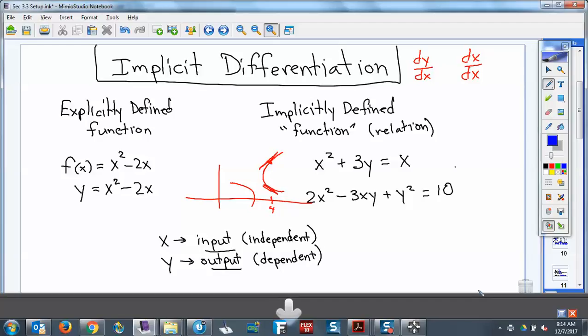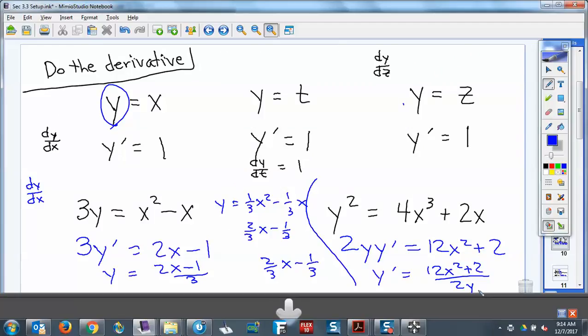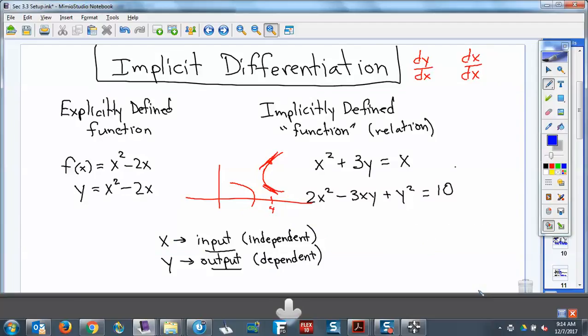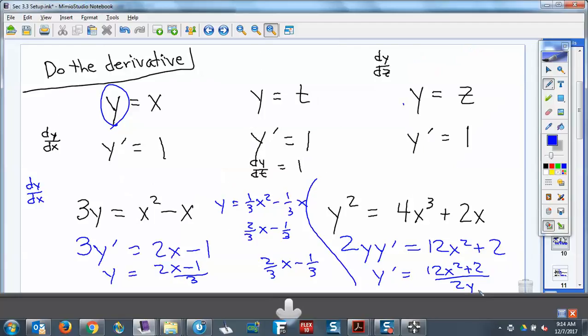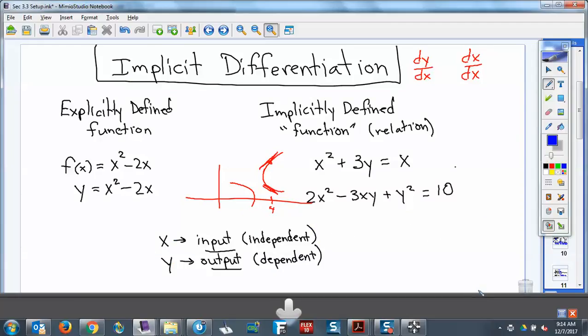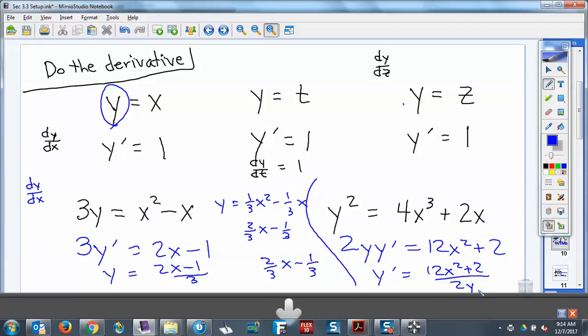So when x is 4, I'd have to know this y value too. So I'd put 4 in for x and whatever y value this was, and that would give me my slope at that point. And then here I'd have x is 4, but a different y value, and that would give me the other slope, right? So curves like that would have to have, okay, slopes.